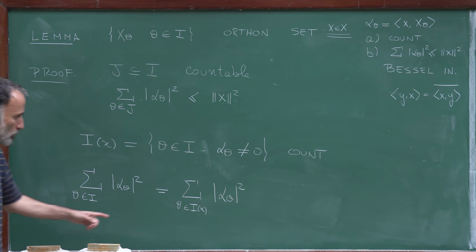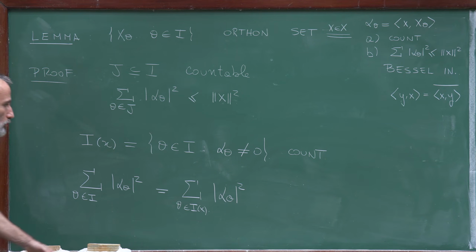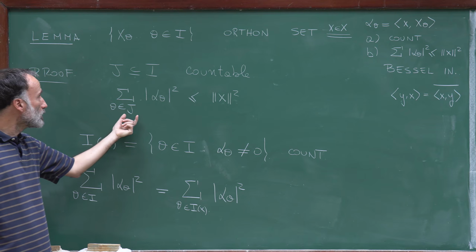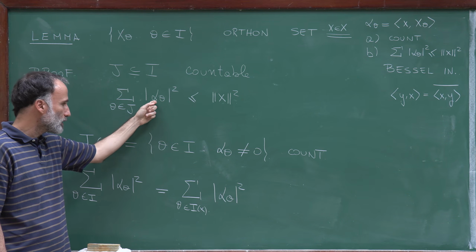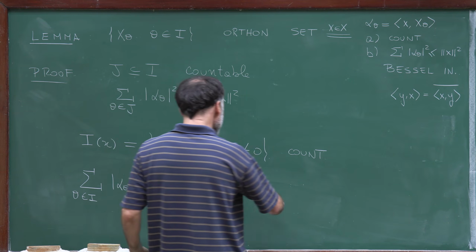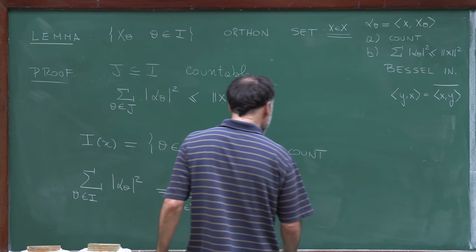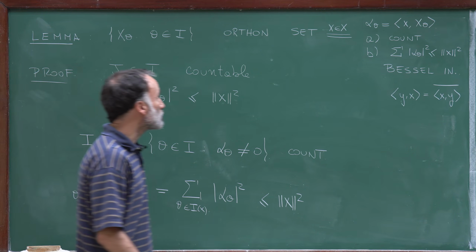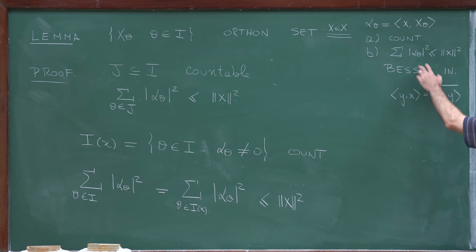And now, since I'm doing a sum over theta in a countable family, I can use the previous result. I proved that if J is countable, the sum over theta in this countable family is bounded by the norm of x squared. So I get that this is bounded by the square of the norm of x, and this is exactly the second statement of the lemma.